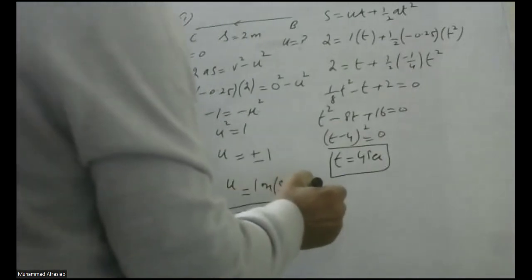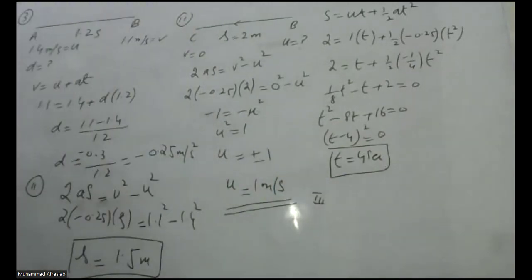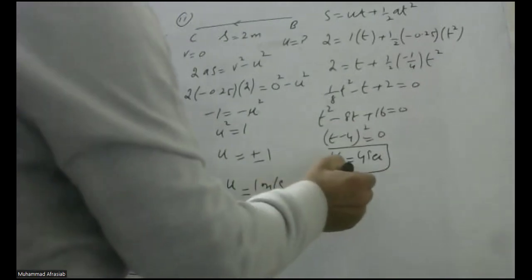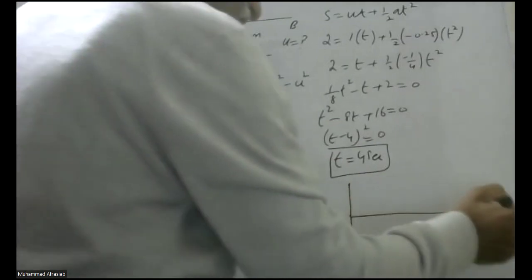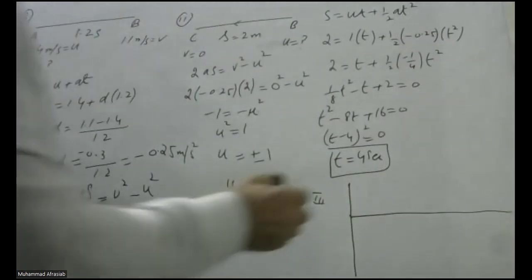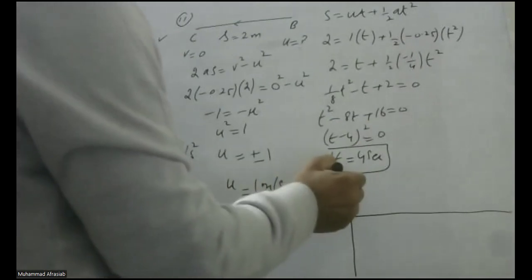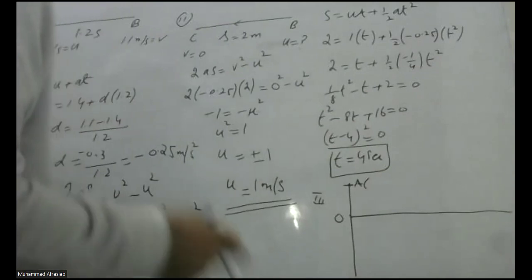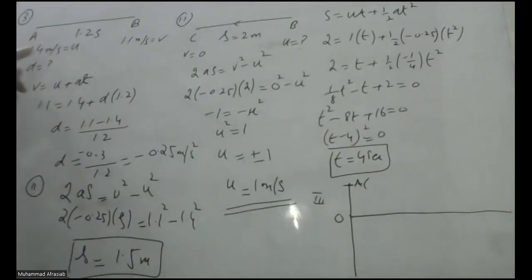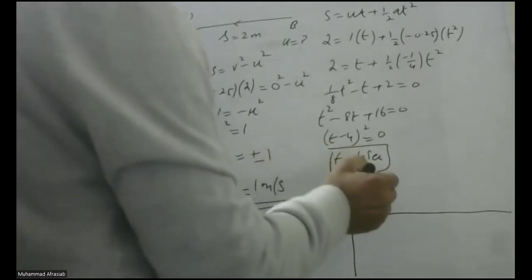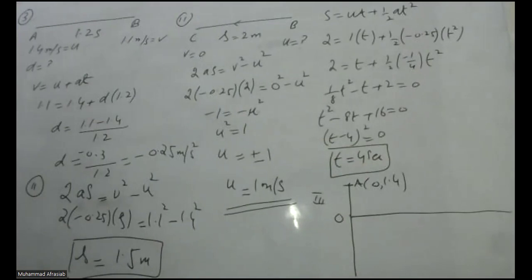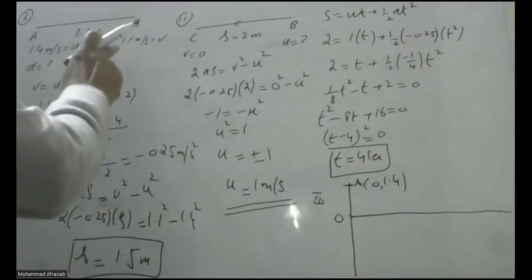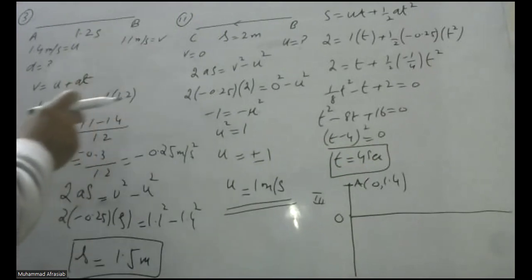And the last part is to sketch the velocity-time graph and show the positions of A, B, and C. Let's say this is the origin O. This is A, and at point A its speed is 1.4 meters per second, so the time is 0 and the speed is 1.4. Then it is moving towards B with a speed of 1.1 meters per second, and it has taken 1.2 seconds for that.